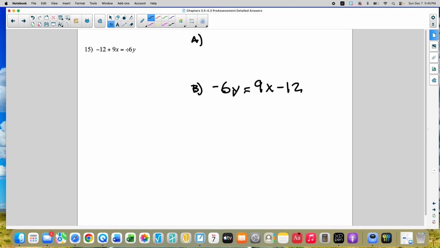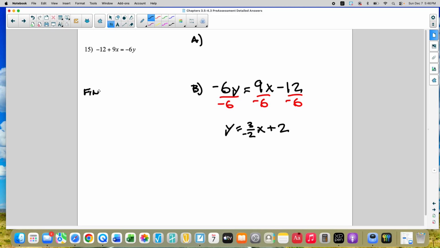Because that's over on this equal sign by itself, and then I just flip these. And now we're going to divide everything by -6, giving me y equals 3 over -2 x plus 2. That's in slope-intercept form. I now have my slope, and I can pick a point.